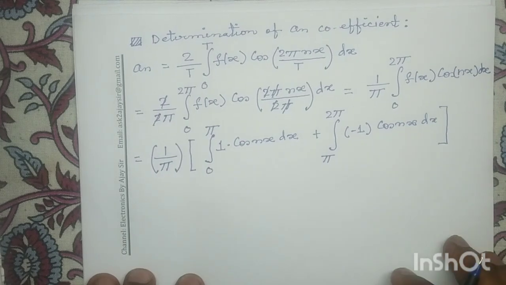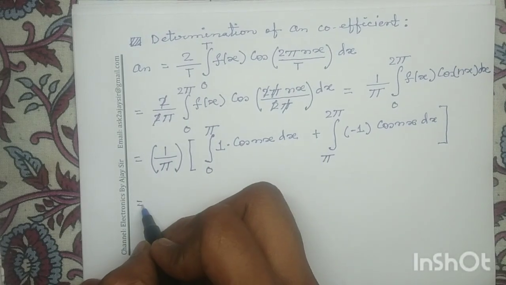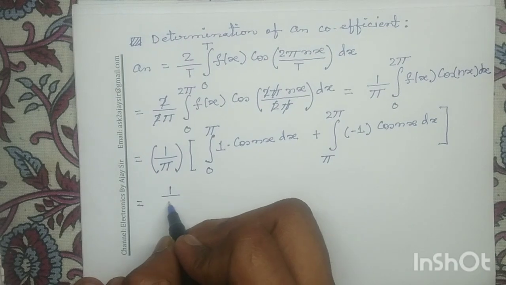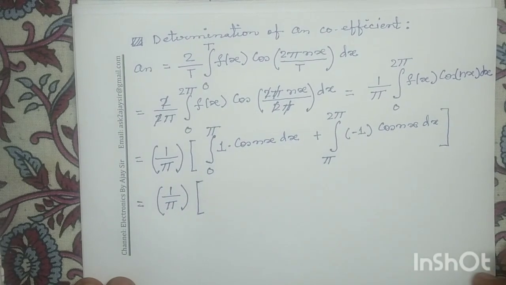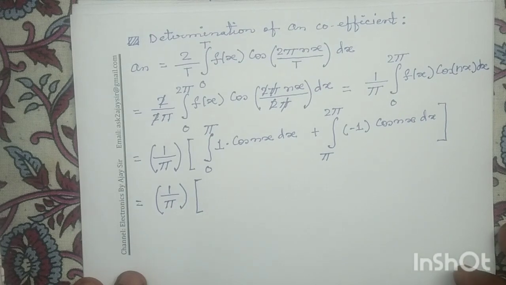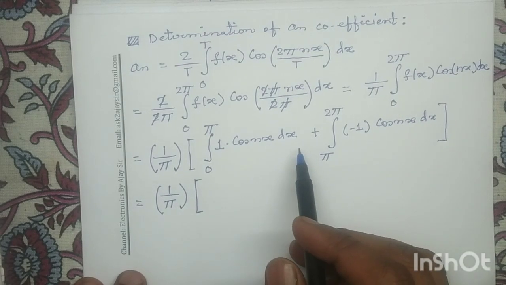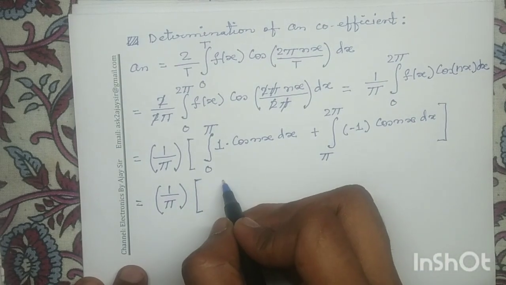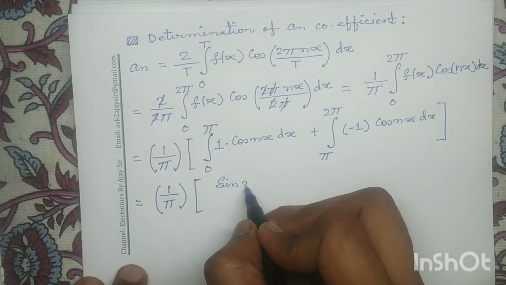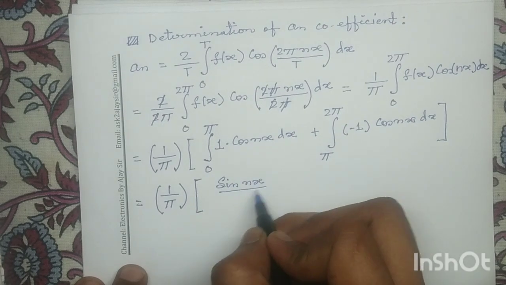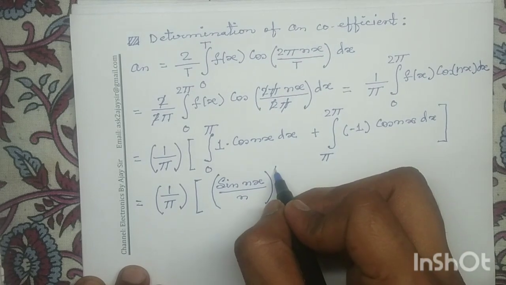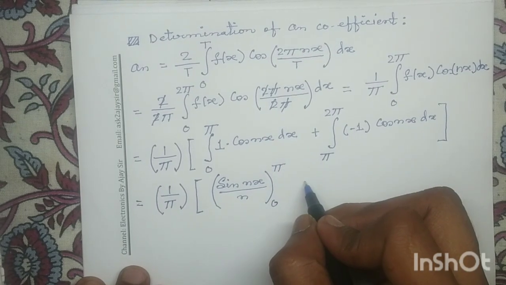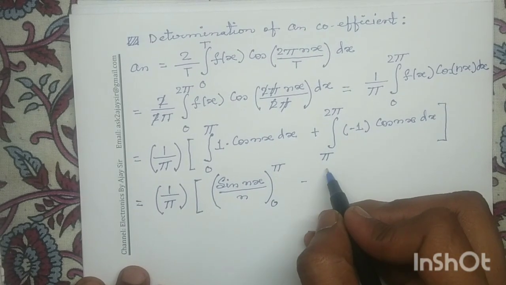Now we will perform the integration. 1 by pi, integration of cos nx dx is sine nx by n. So it is sine nx by n, the limit varies from 0 to pi. This minus we will take out.